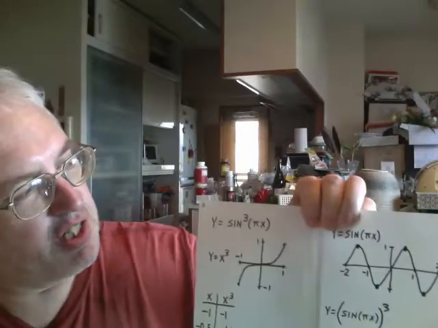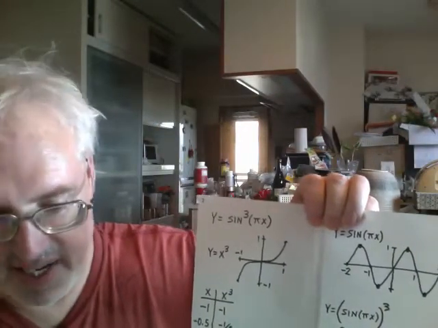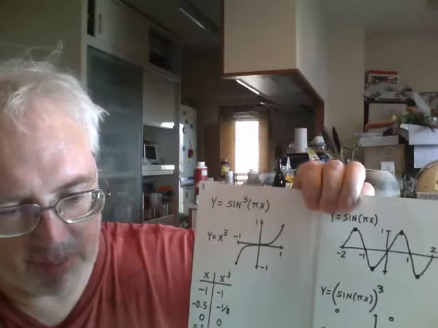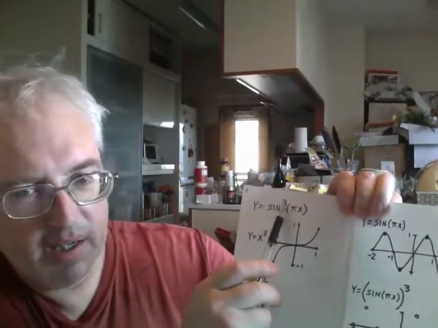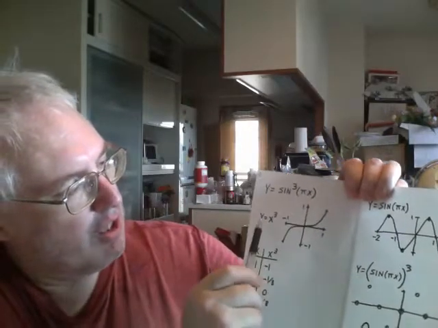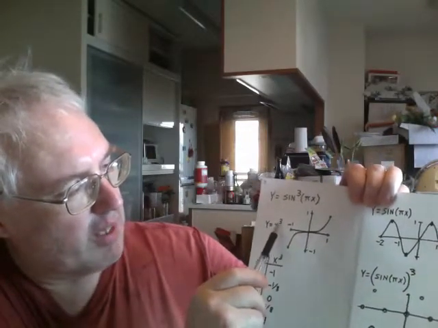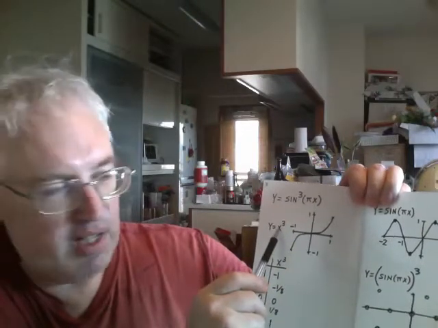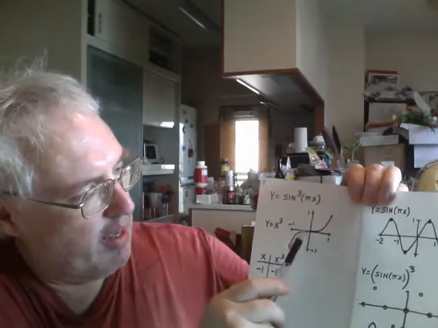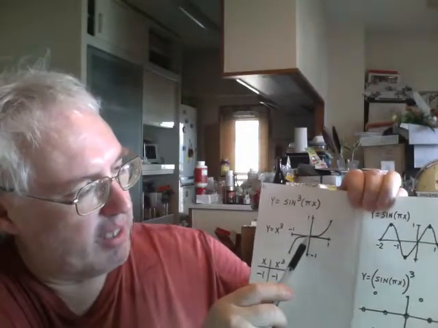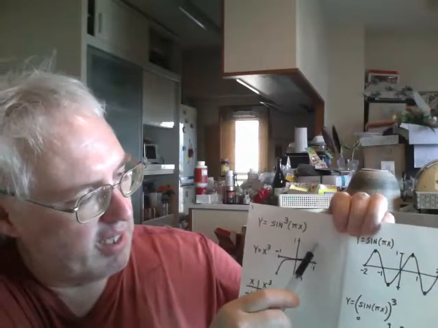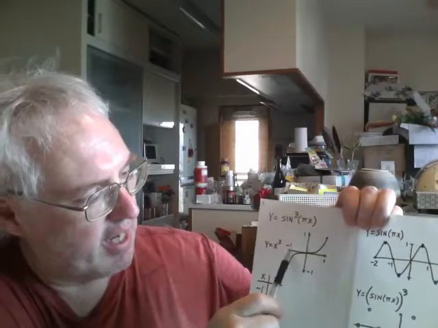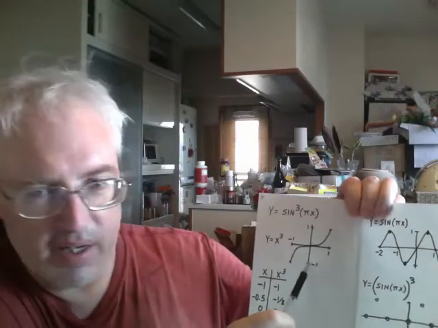The second change that we need to understand to do our original problem is cubing the sine. So let's look at what the function x cubed does. X cubed takes 0 and leaves it at 0. It also takes 1 and leaves it at 1, and it takes -1 and leaves it at -1.